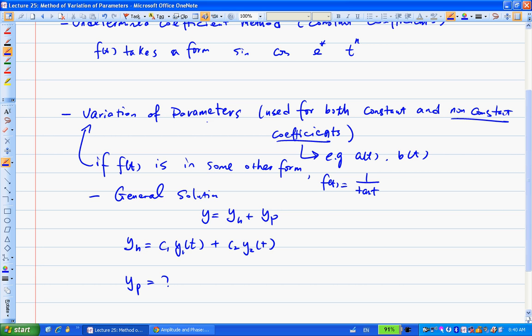Variation of parameters is probably applicable to more different situations. If f of t is sine or cosine or exponential, I can still use this second method here.